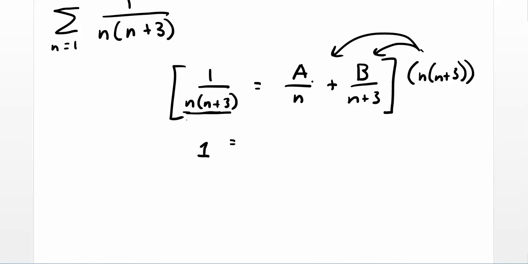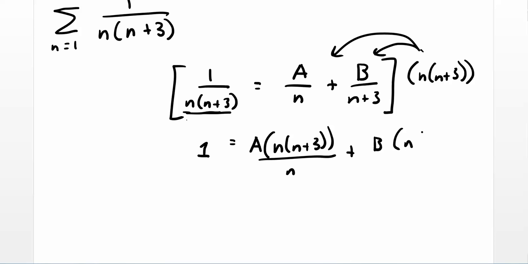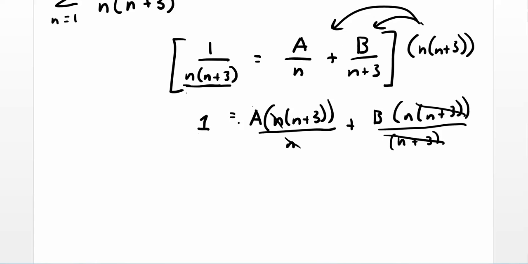We multiply by the a term, we get a times n times n plus 3 all over n, plus b times n plus 3 over n plus 3. Hopefully you can see that this n cancels, this n plus 3 cancels. So we get 1 equals a times n plus 3 plus b times n.